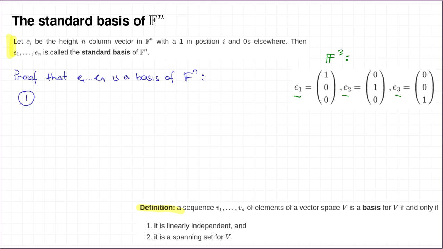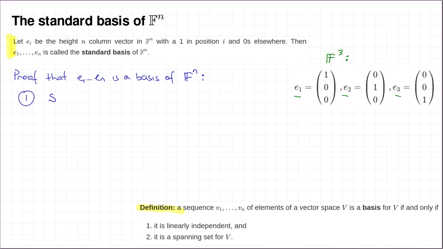So let's prove that it's linearly independent. To prove something is linearly independent, what we have to do is to show that the only linear combination of E1 up to En which is equal to the 0 vector is the linear combination in which all the scalars are 0.